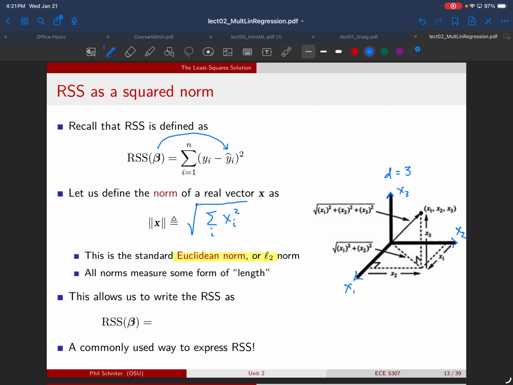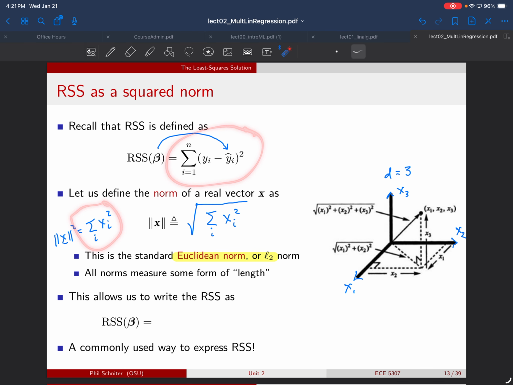Okay, so basically the key thing is that, let me write it over here. We can square both sides of this, right? If I square both sides of it, I get rid of the square root on the right. Okay, so now this expression looks a lot more like this one.